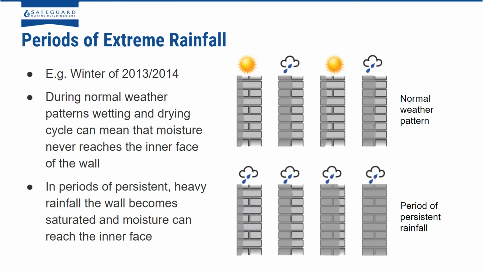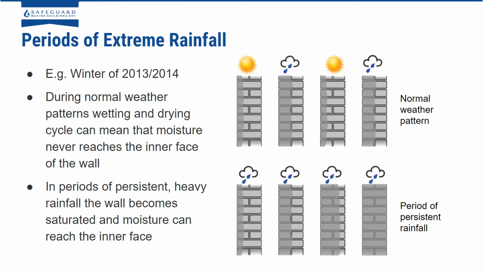Periods of extreme rainfall. During the winter of 2013-14, there was a high level of rainfall. During a normal weather season, you get a summer which would dry out the wall, and then during the winter it would slowly wet the wall, but the moisture would never reach the internal surface, because during the summer it would start to dry out again.